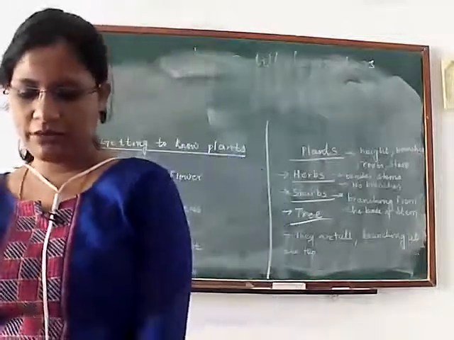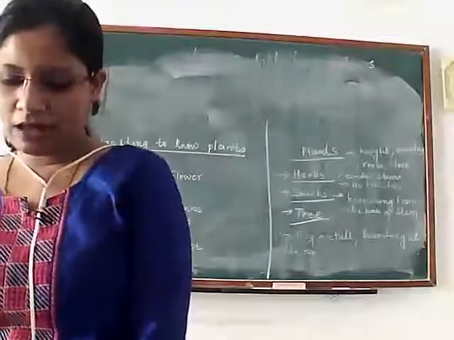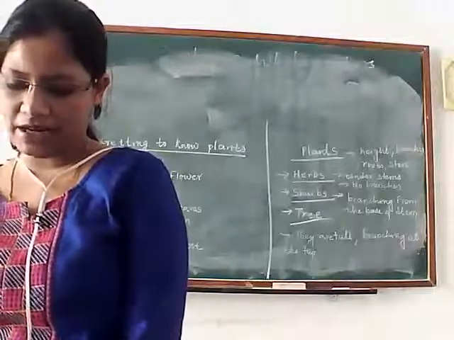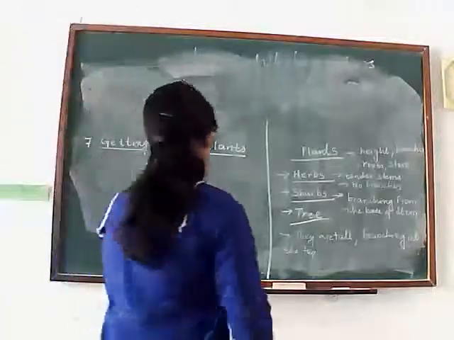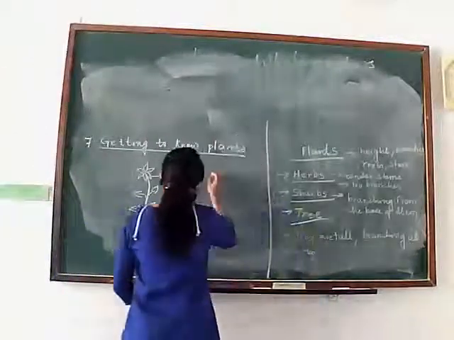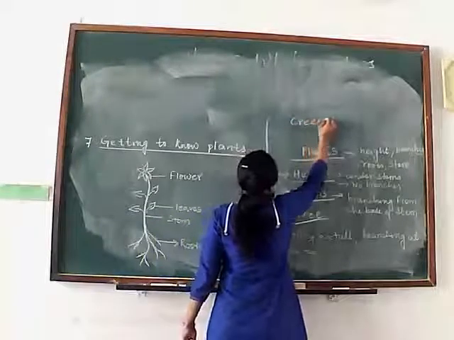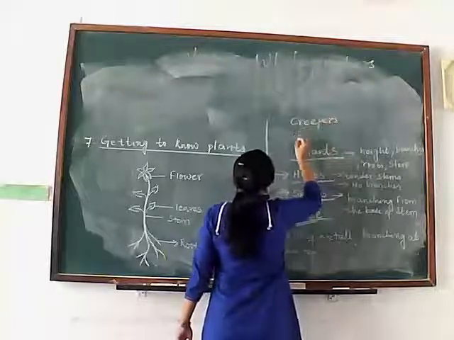Okay, children, then we have creepers. Plants with weak stems that cannot stand upright and spread on the ground are called creepers, like pumpkin and watermelon. Then we have climbers.